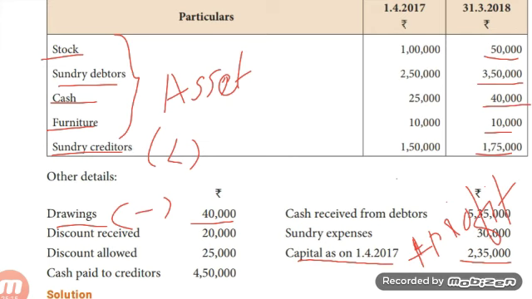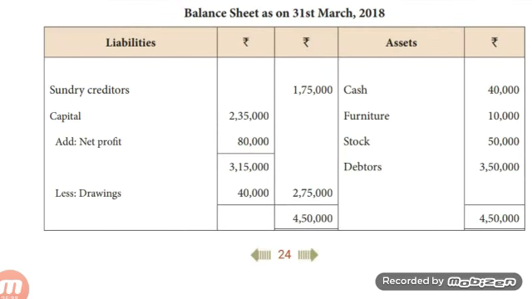Stock, closing stock 50,000. Sundry debtor, closing sundry debtor 3,50,000. Cash, closing cash balance 40,000. Furniture, closing furniture 10,000. Then sundry creditor is a liability, so enter it on the liability side: sundry creditor 1,75,000. Children, now we have entered the assets and liabilities.